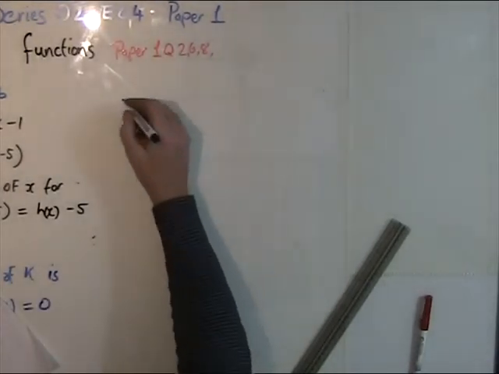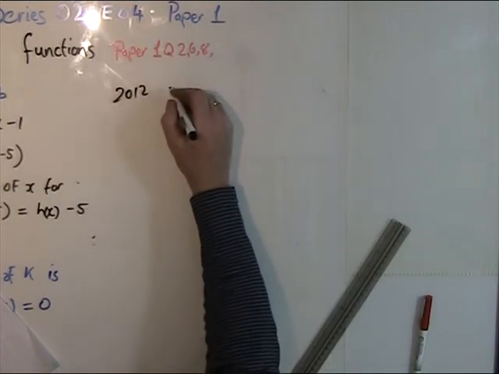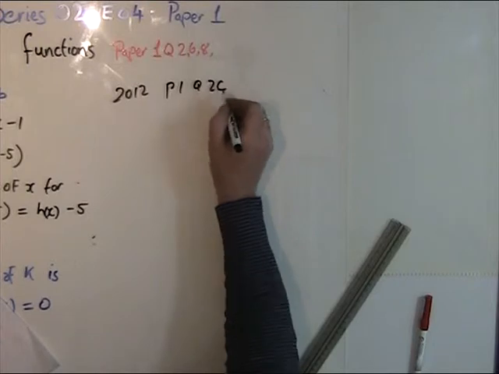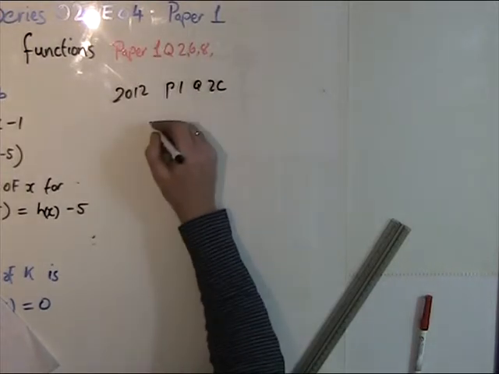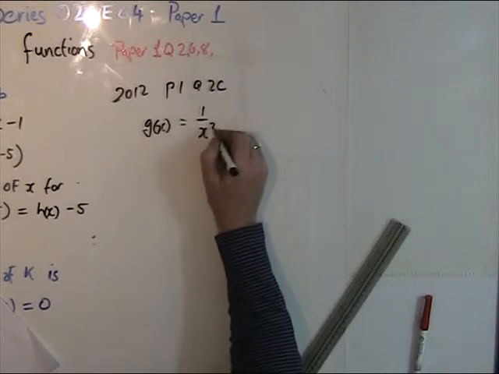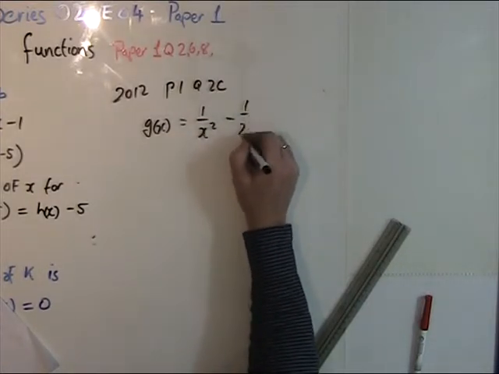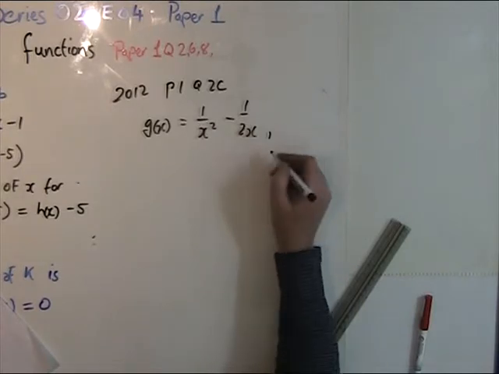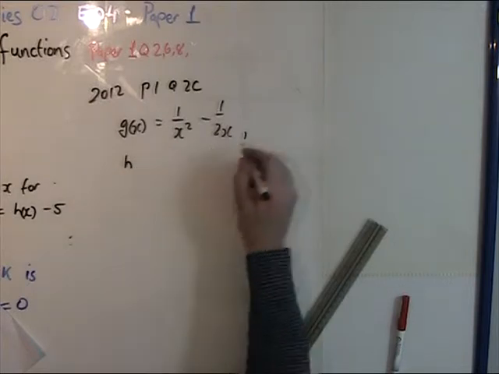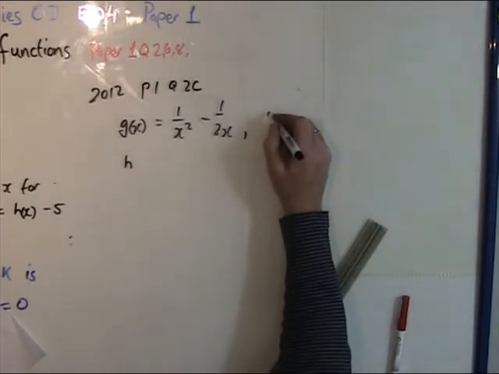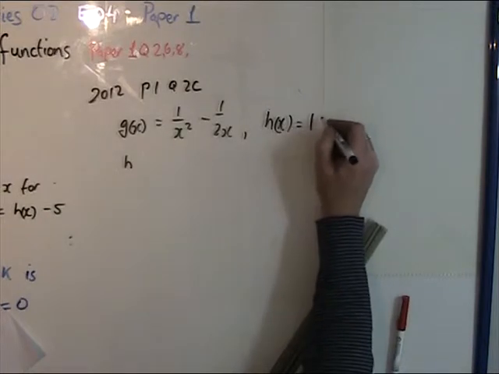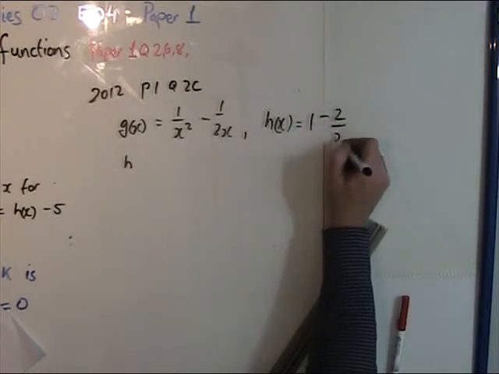So this is 2012, paper 1, question 2c, and it says g of x is equal to 1 over x squared minus 1 over 2x. And h of x is equal to 1 minus 2 over x.